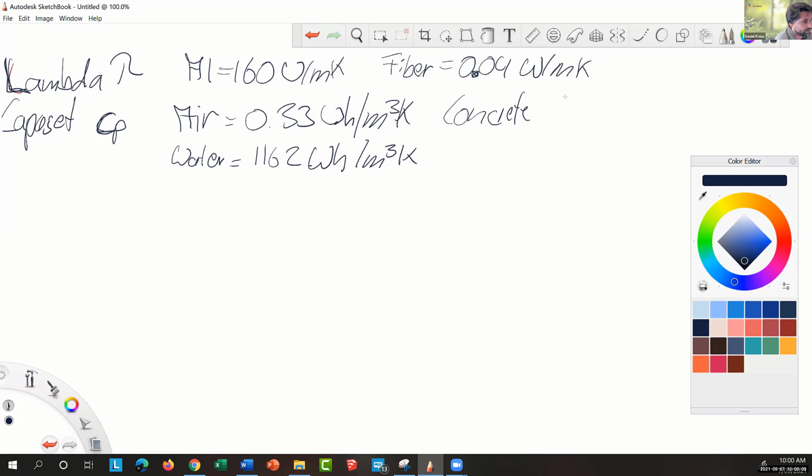Concrete has 555 watt hours per meter cube Kelvin, and steel has 975 watt hours per meter cube Kelvin.